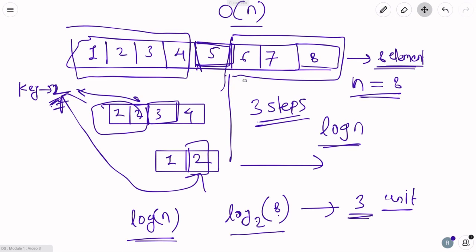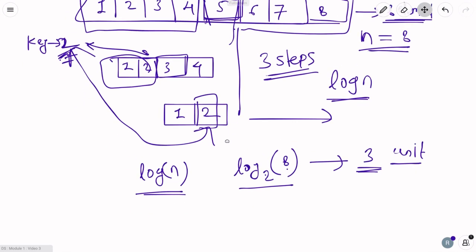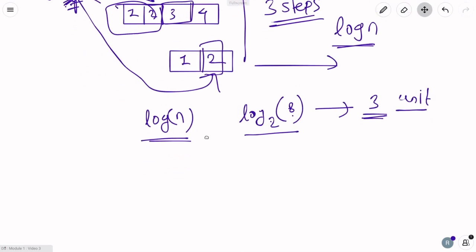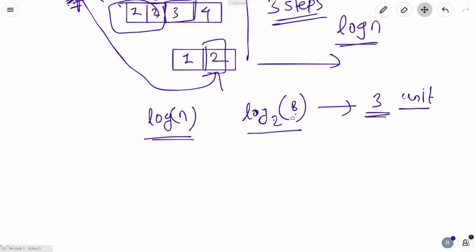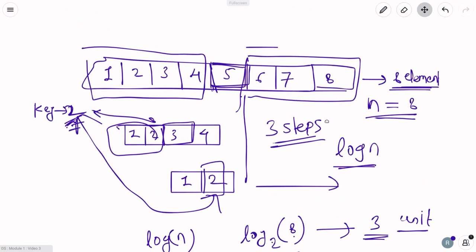So in such type of algorithm, the time complexity is logarithmic, and in this case it is basically log n. Okay, so in this case the n is basically 8, so if I calculate log base 2 of 8, then it is basically 3, and here also you can see that in 3 steps we are getting the output.